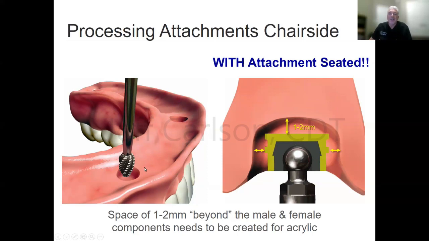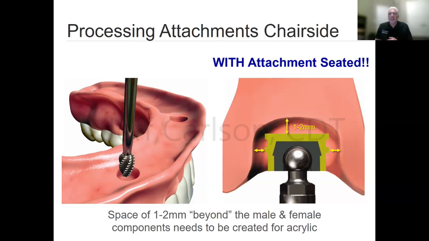What I wanted to show you here is that when you make that recess in the denture, you don't want to just look at the abutment itself, but at the attachment mechanism, which seats on top of the componentry. You want at least 1 to 2 millimeters of space for your pickup material, because you need that much thickness of material, be it Zest chairside, maybe some Voco material.